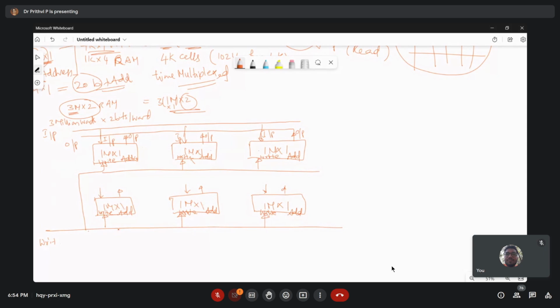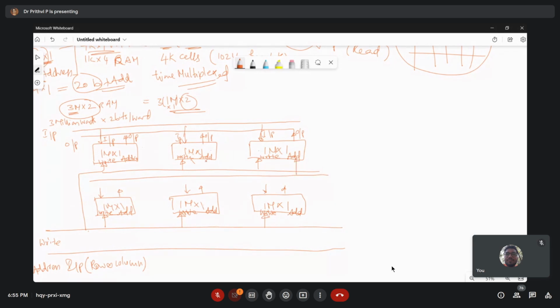Now this makes it 3M is to 2. And the address on which you are writing or to access the read or write will be given as the address input. And this address input should be in terms of row and column address, and this row and column address again should be common to all the bits.